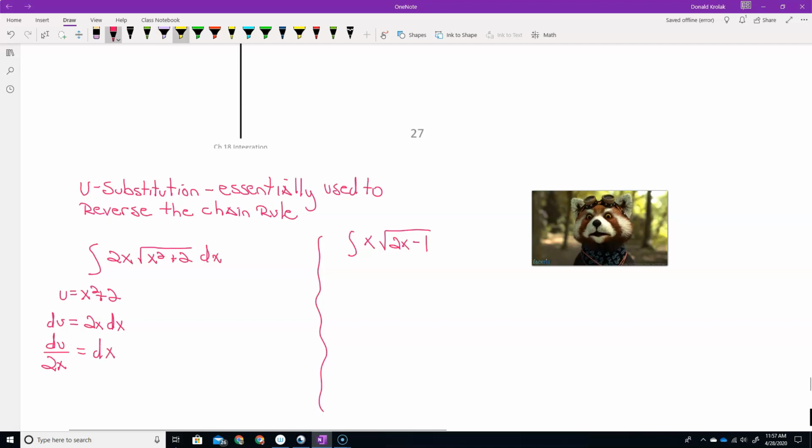Hey, when I do the derivative here, that term is also a factor of the integrand.